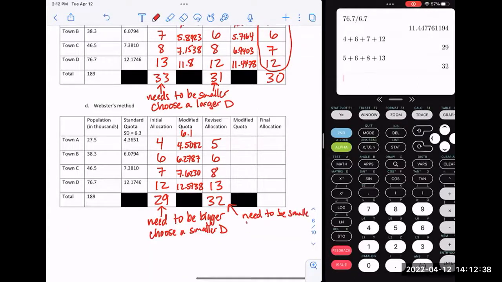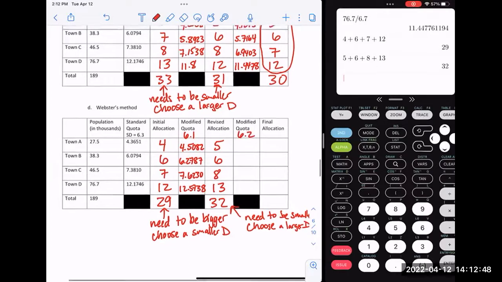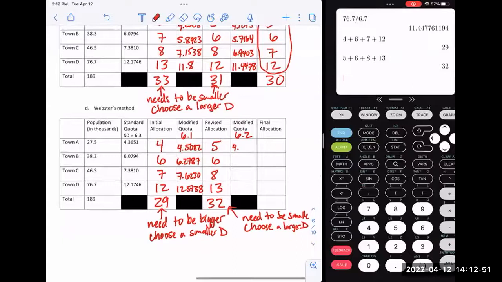6.2 sounds like a good one. So we need to choose something that is bigger than 6.1, but smaller than 6.3. So let's just meet in the middle, right? 6.2 gives me 4.4355, 6.1774, 7.5, 12.3710.